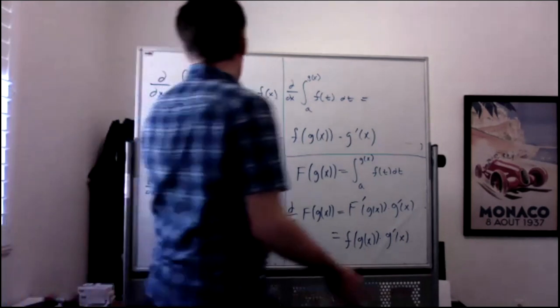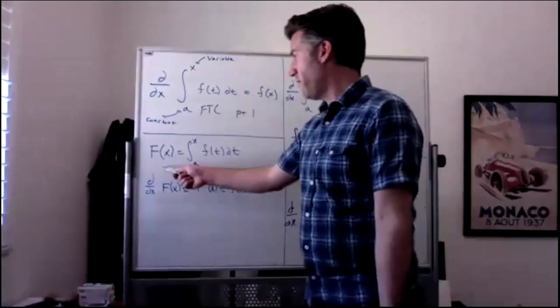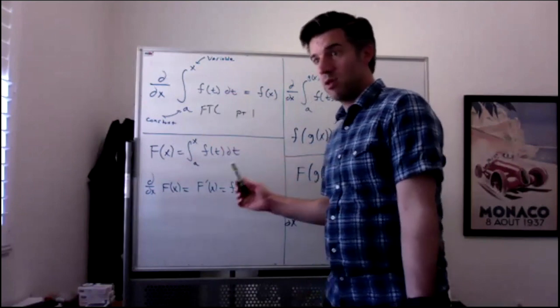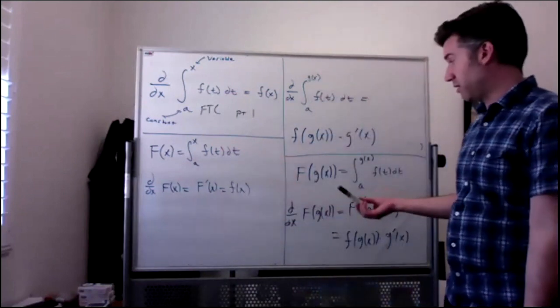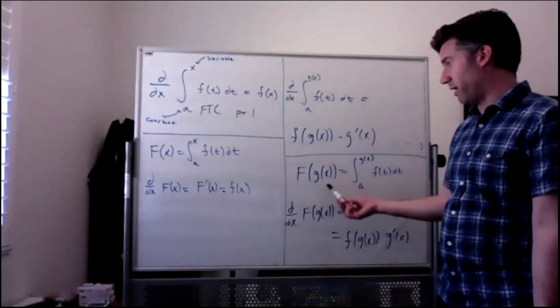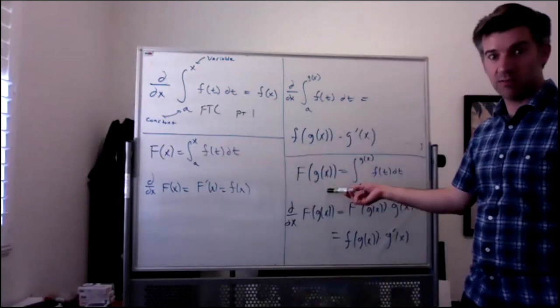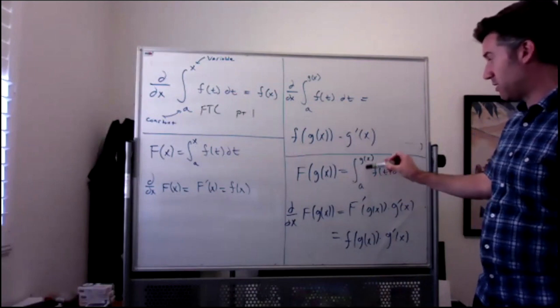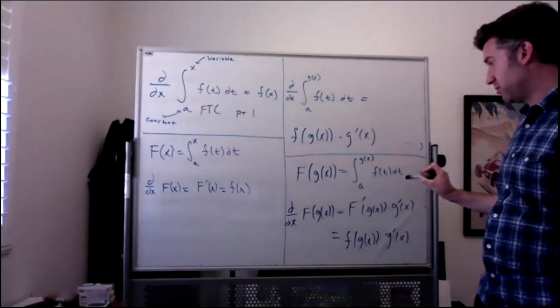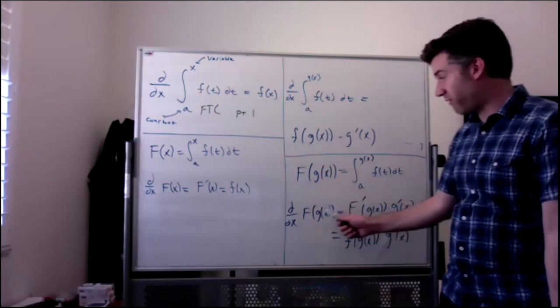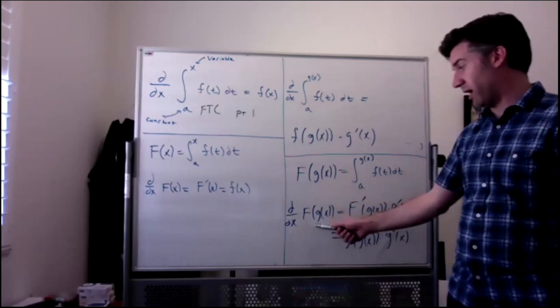And then what I'm saying is, well, if capital F of x is defined to be the integral from a to x of f of t dt, we can also similarly define capital F of g of x by just replacing x with g of x. So then I've got the integral from a to g of x of f of t dt. And then I'm going to take the derivative of this. Well, I know how to find the derivative of F of g of x, right?